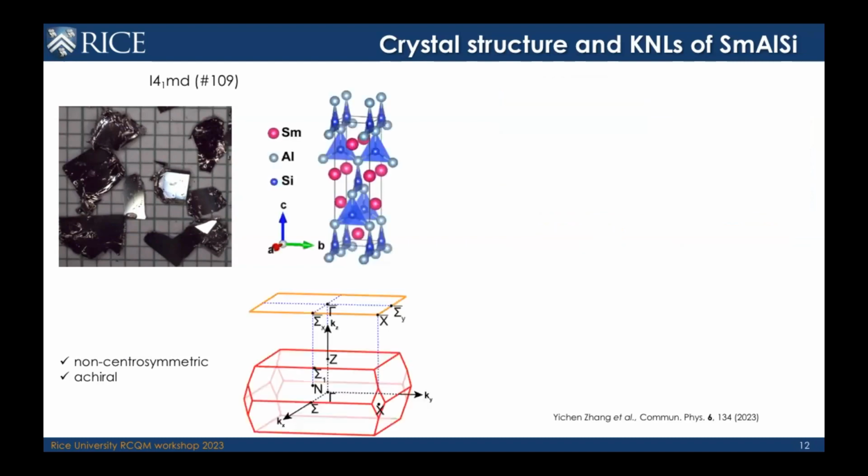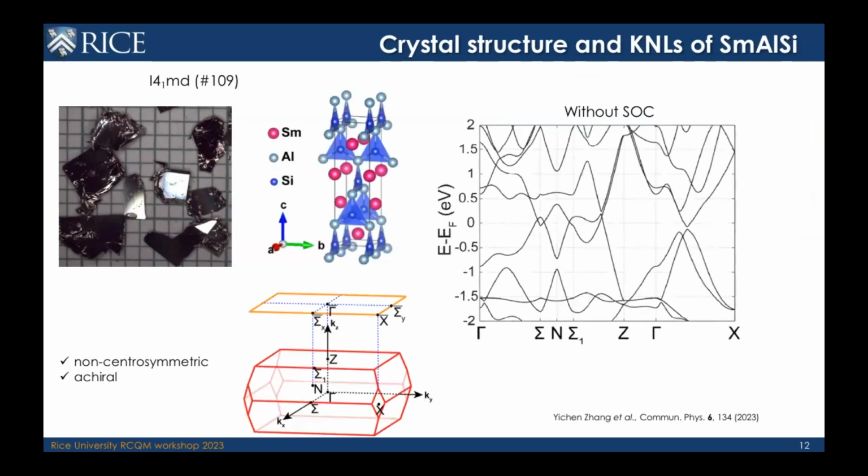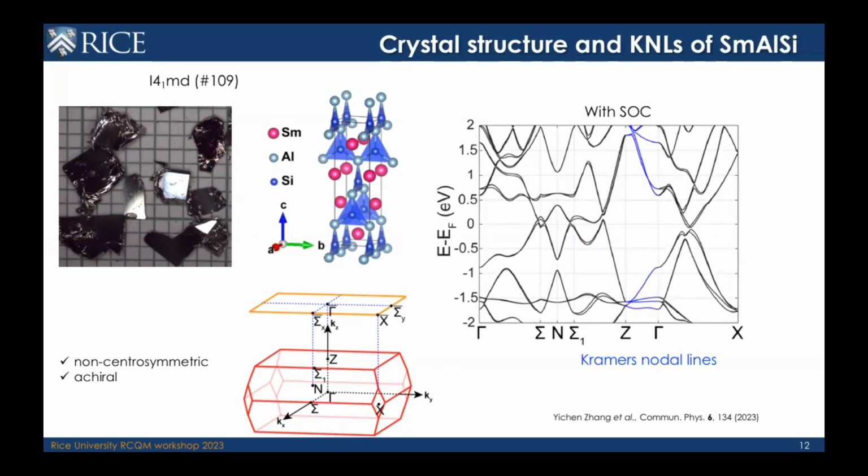All right. This is the guidance from band structure calculations that tells us that we should expect Kramers-Weyl nodal lines. Here's the band structure without spin orbit coupling. And notice what happens, and I'm going to go back and forth a couple of times so that you can focus on the gamma-Z bands.